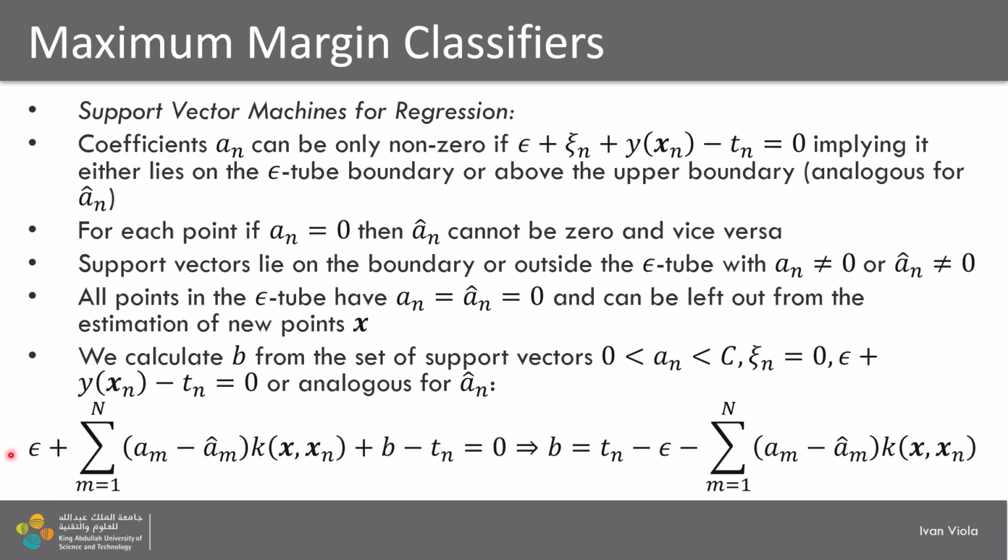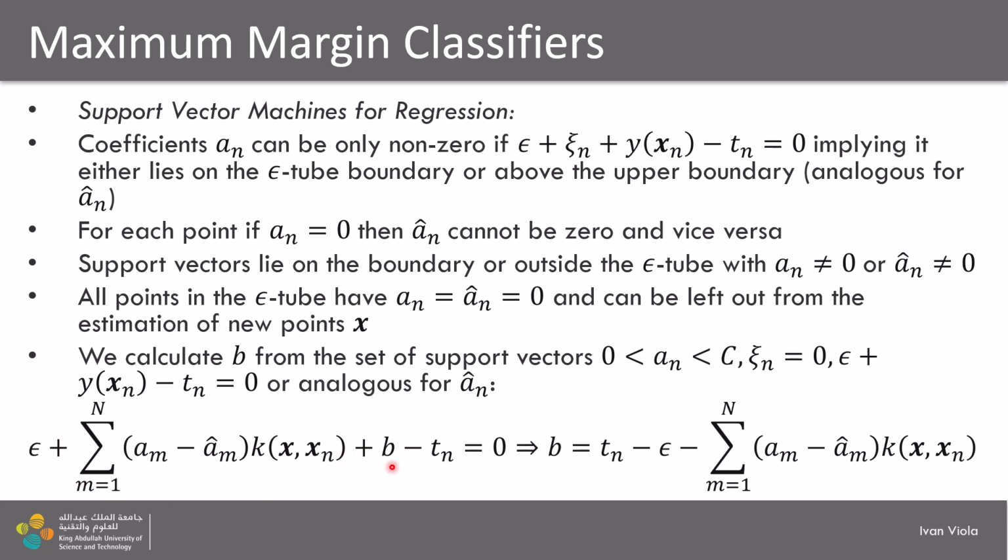So here we have simply the formula describing that epsilon plus y(x_n) minus t_n is equal to 0. This is actually this formula here, epsilon plus y(x_n) minus t_n is equal to 0, and this formula just has a slightly different formulation for our y.